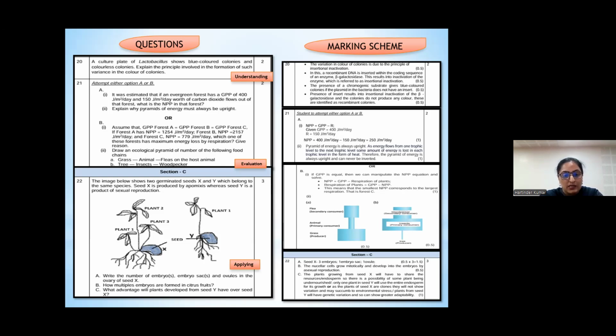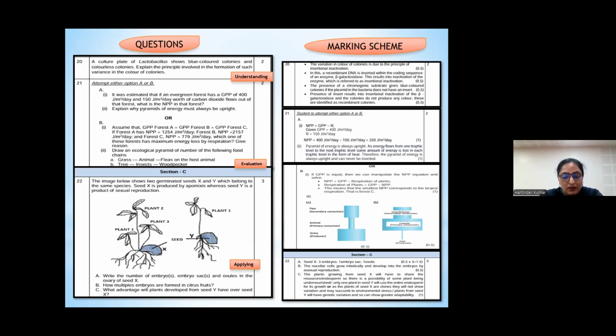Next part, we can see the image is given, 2 seeds are given, they are belonging to the same species, but very beautifully they have explained, they have told about the apomixis concept, and the second concept they have given is of sexual reproduction in plants. 2 concepts they have given, but leading to the production of seed.